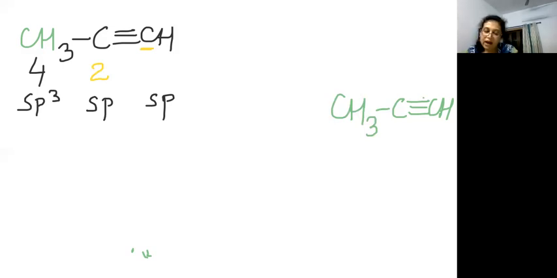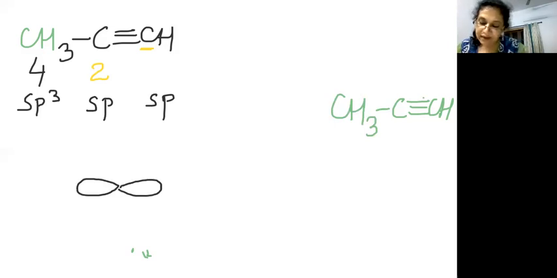So now we have our hybridizations complete. Let me start drawing it. Okay, let me make the multiple bond. So this is the linear sp hybridized carbon. This is the next sp hybridized carbon. To this sp hybridized carbon, I have a hydrogen.